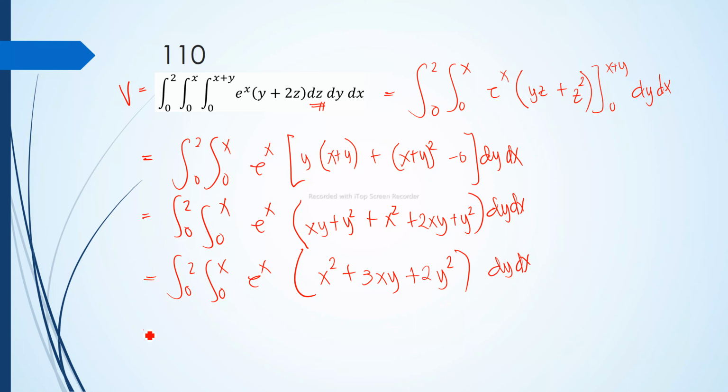Now, looking at that one, that is to be integrated with respect to y. So all that is not a variable for y will be treated as a constant. So we have 0 to 2, e to the x times x squared y plus 3 halves xy squared plus 2/3 y cubed, evaluated from 0 to x.